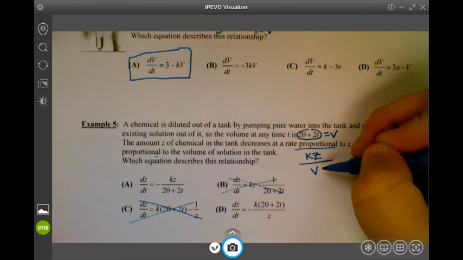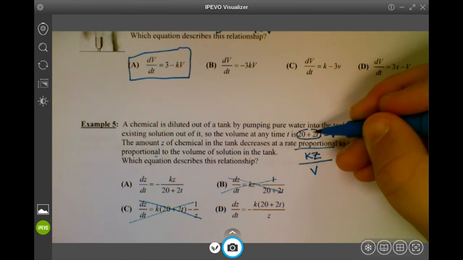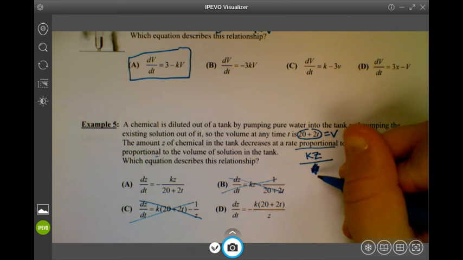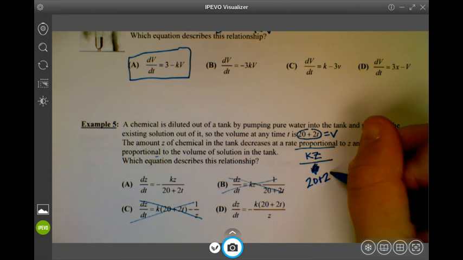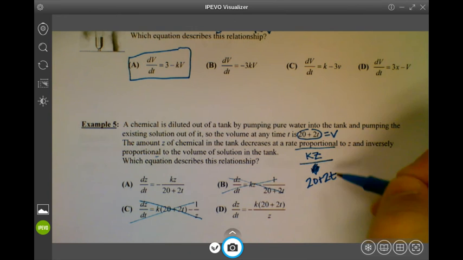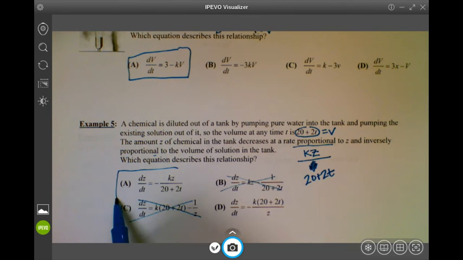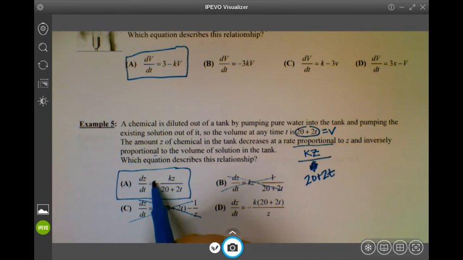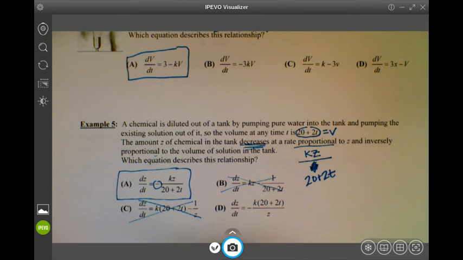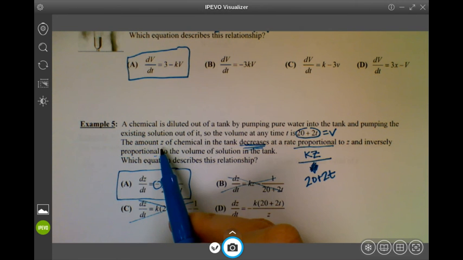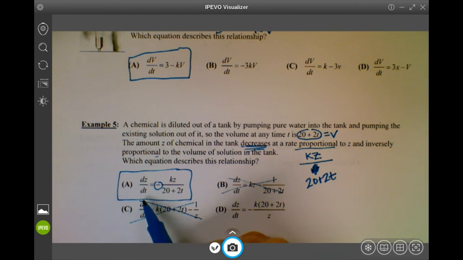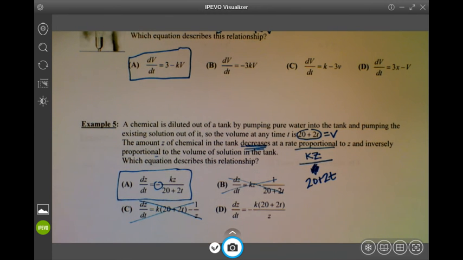And so if you remember, we said V was equal to 20 plus 2t. So this V on the bottom, we can say is 20 plus 2t. So that means that I'm actually looking at this one here. The negative is because of the word decreases. And then the amount of chemical Z, that's why we have dZ/dt at the beginning.